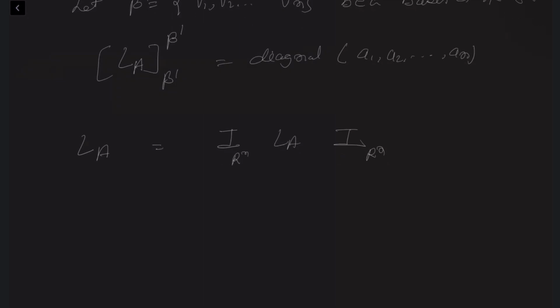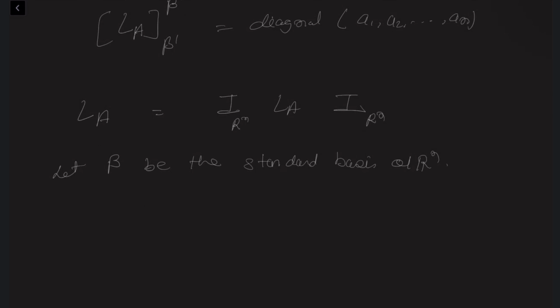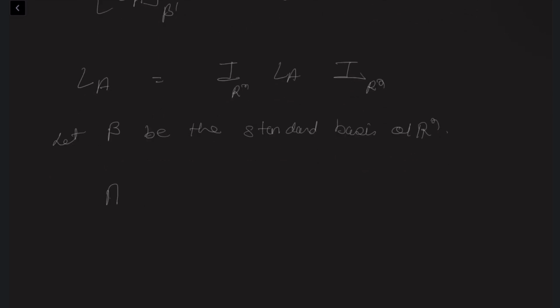Okay, and now let beta be the standard basis of Rn. So the matrix A and the matrix which corresponds to L of A, the linear transformation, they both are the same whenever we are talking in terms of the standard basis.